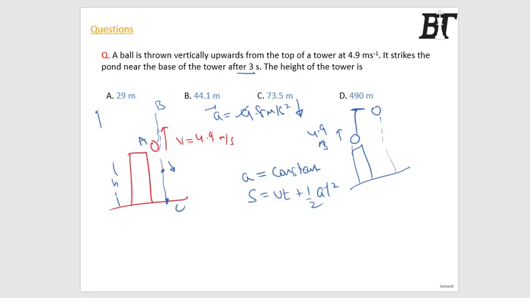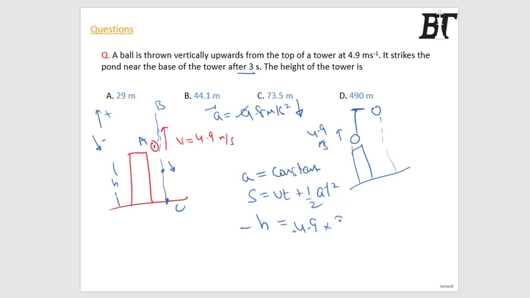So considering upwards direction as positive and downwards as negative, भाई बॉल ऊपर जाके नीचे जाके फाइनली, displacement between points A and C is how much? माइनस h. माइनस क्यों? क्योंकि नीचे की साइड h हाइट डिस्प्लेस हुआ है. Initial velocity is 4.9, ऊपर की साइड है इसलिए प्लस 4.9.